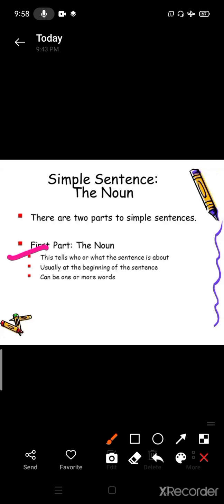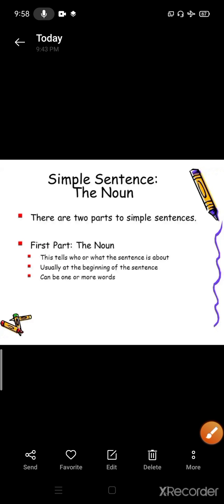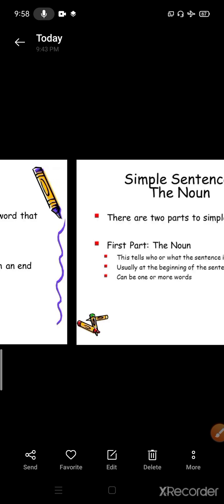It usually comes at the beginning of the sentence and can be one or more words. The noun is a must in a sentence, and it tells us what the sentence is about.